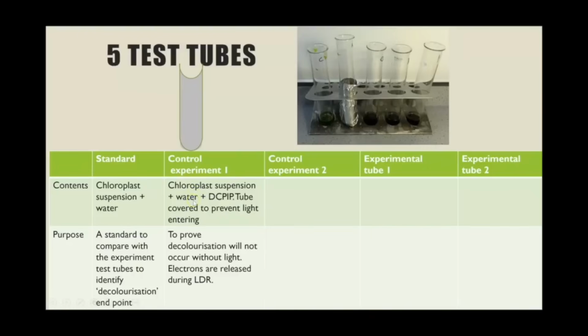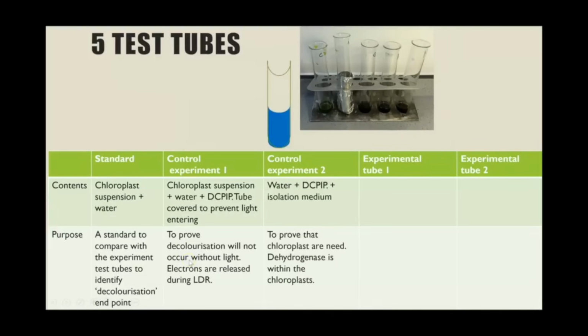And the purpose of this control experiment is to prove that DCPIP will not decolorize when there isn't light. And therefore it's showing us what we found in our background knowledge. It will be showing us that the electrons are only released when there is light available, so they're released in the light dependent reactions. So we're expecting no colour change at all in this test tube, and that will prove that light is required.